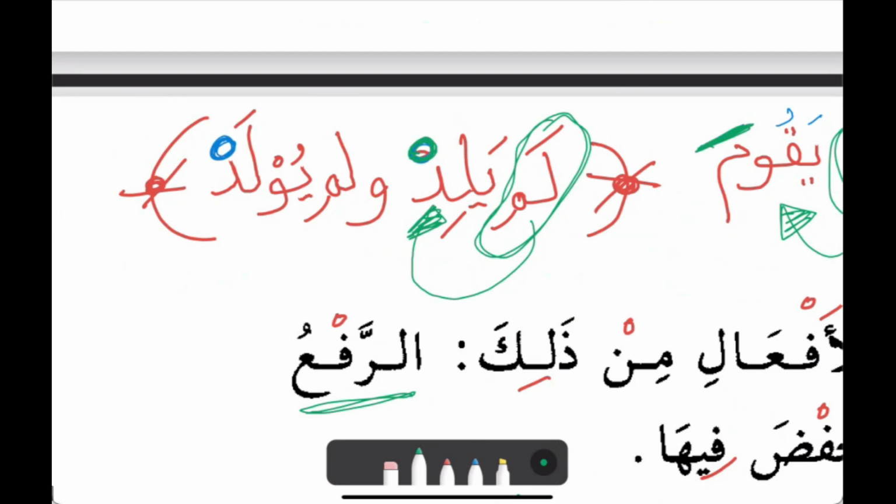Where's the doer? You don't have an act without an actor, a doing without a doer. The verb is an action. Where's the doer? So whenever you mention the verb, the fi'il, you want to find the fa'il. Wal fa'il, and the doer is damirun mustatir, a veiled pronoun.